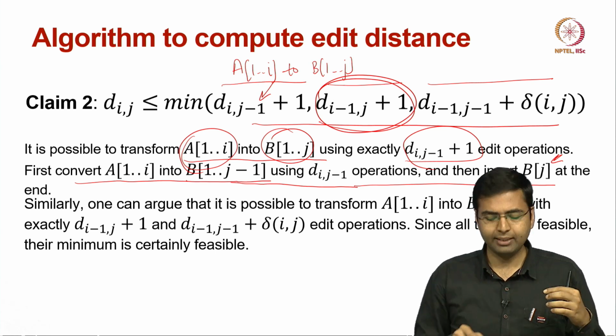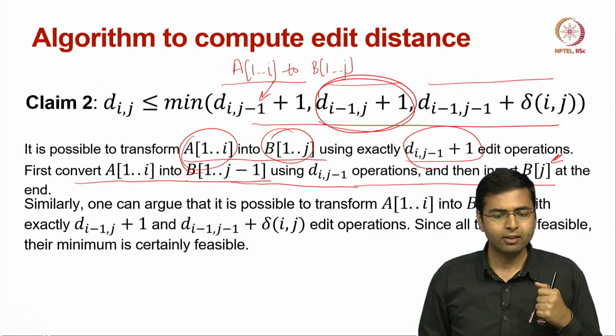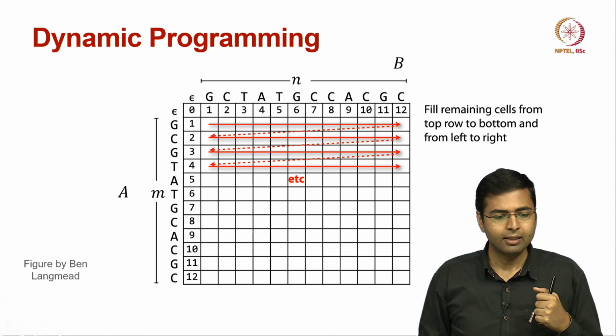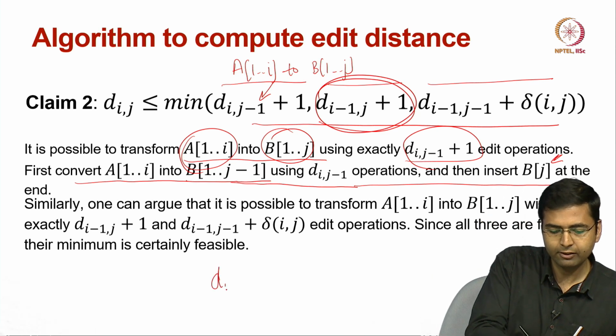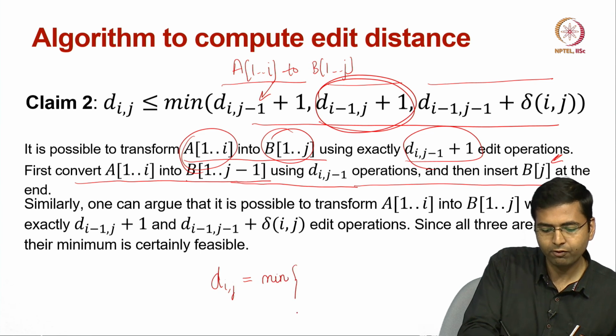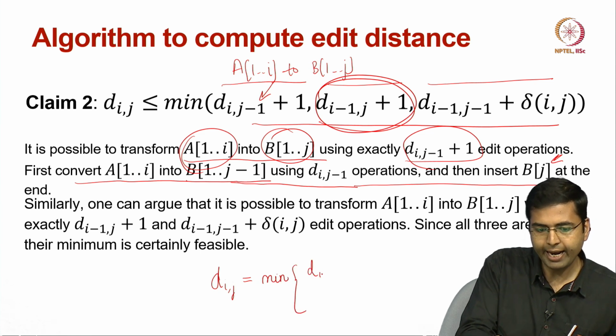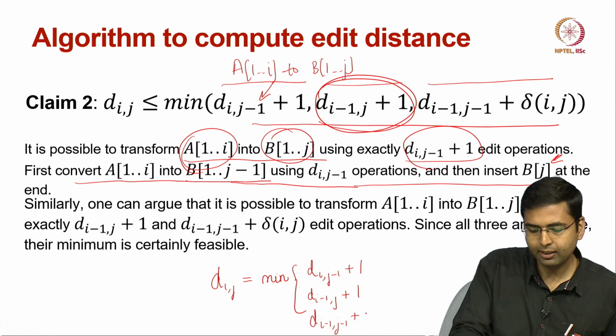Now, combining this claim and the previous claim, we know for sure that D_ij will be the minimum of D_i,j-1 plus 1, D_i-1,j plus 1, and D_i-1,j-1 plus delta_ij.